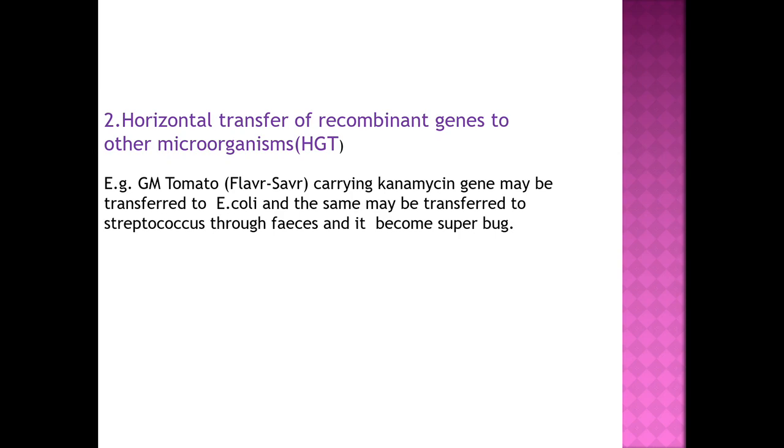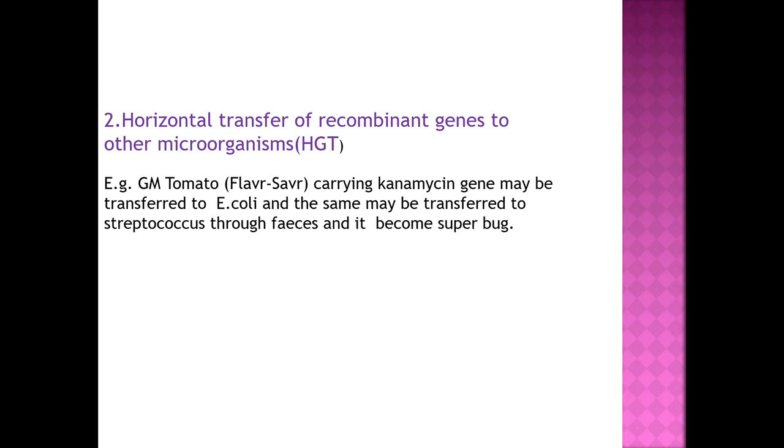In order to overcome the softening of the tomato, or to increase its shelf life, one of the tomato varieties was developed, and that tomato is called the flavr savr tomato. This variety was developed using antisense RNA technology, and in this tomato the gene is introduced in such a way that it neutralizes the effect of polygalacturonase, so that this enzyme is not produced by the tomato plant.